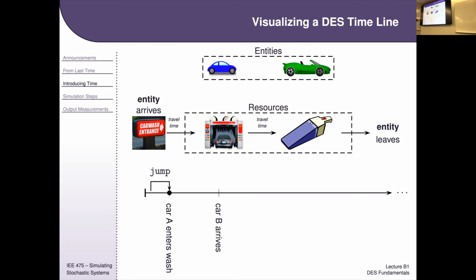And so we know the next thing that we're going to process is the car A entering the wash. This is a different type of event. So at this point, we have to say what happens when cars enter the wash. And we have to then schedule things based on that. Well, we know the wash takes a particular time. It takes a certain duration. Washes take on average a minute. Sometimes they take 59 seconds.